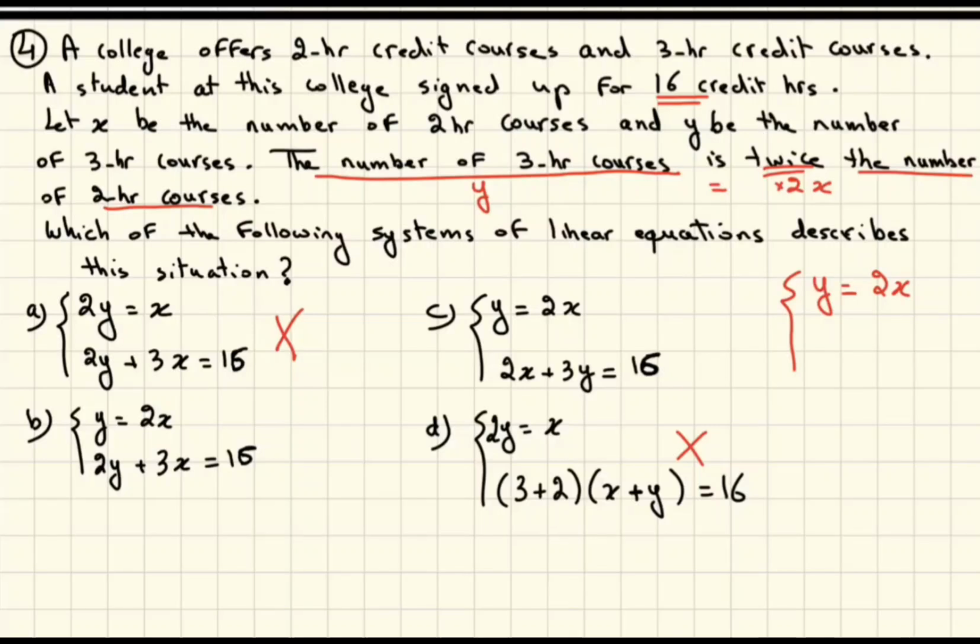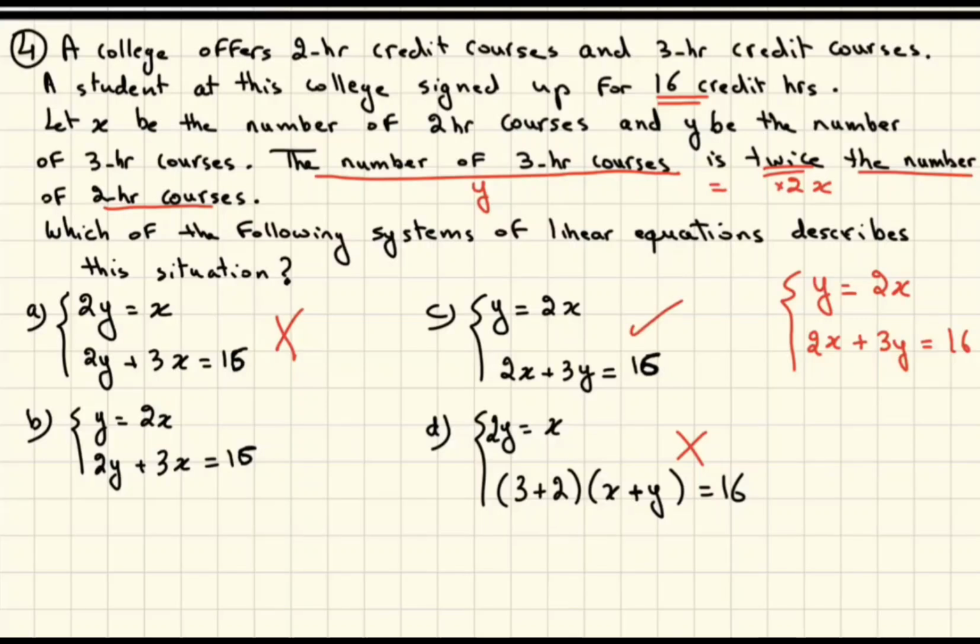So since we don't know how many courses the student took, I will say the total number of credits will be 2 multiplied by the number of 2-hour courses, x, plus the credits we get from the 3-hour credit courses, which will be 3 multiplied by y. And the total number of credits here will be 16. So in this case, my correct answer will be part C.